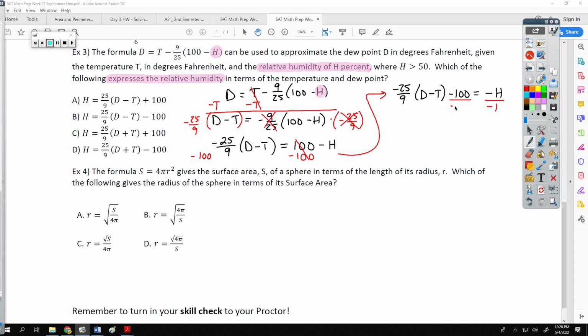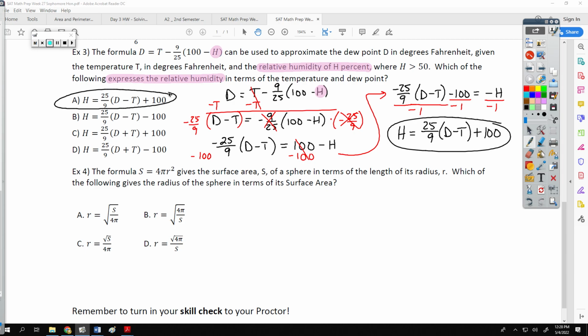So if we divide everything in that equation by negative 1, we get our final answer, which is that H is equal to 25 over 9 times the quantity D minus T plus 100. So 25 over 9 times D minus T plus 100, that would be choice A.